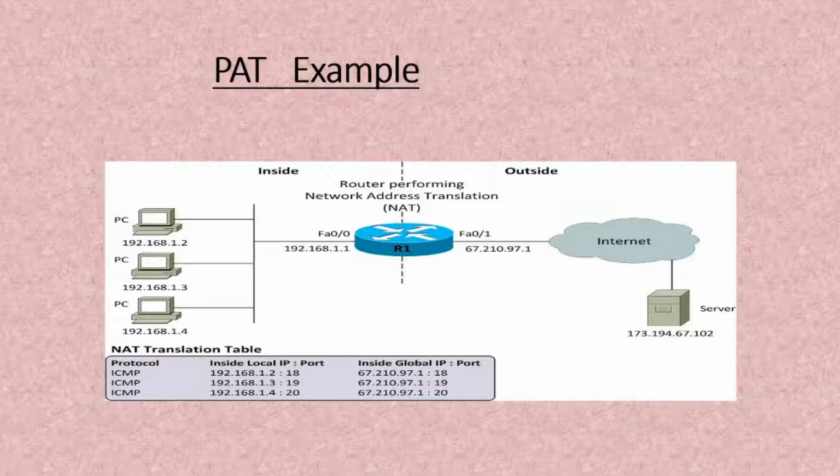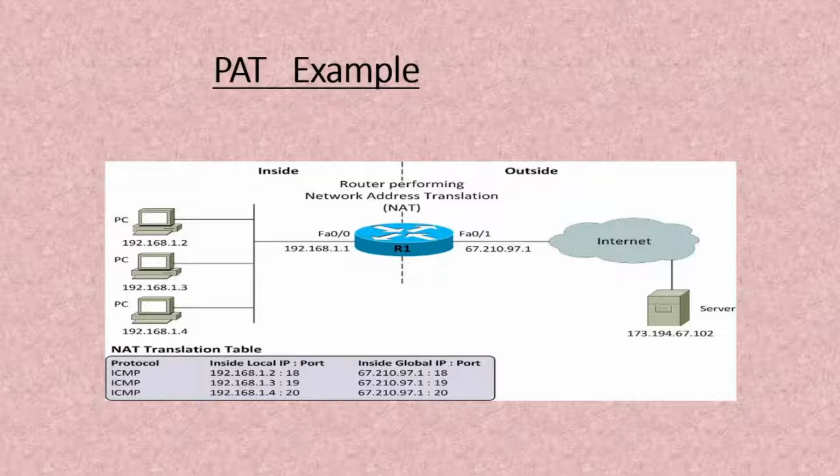You can see the NAT translation table showing the ICMP replies with 1.2, 1.3, 1.4 as the inside local IP, meaning a private IP, using port numbers 18, 19, 20 respectively, and they are translated to the inside global IP, meaning a public IP, which remains constant at 67.2.10.97.1. So you have only one public IP and all the other private IPs are translated to that single public IP using different source port numbers. This is an ideal example of PAT.